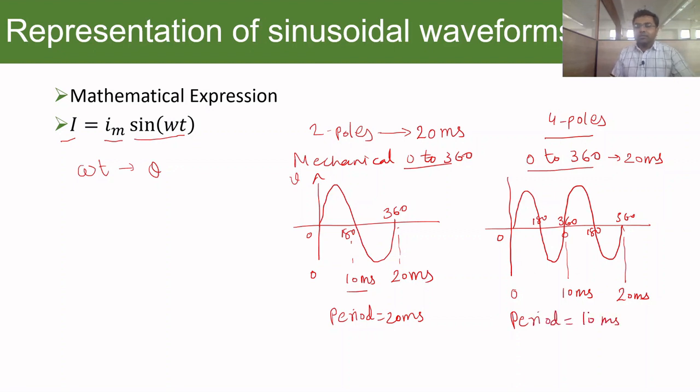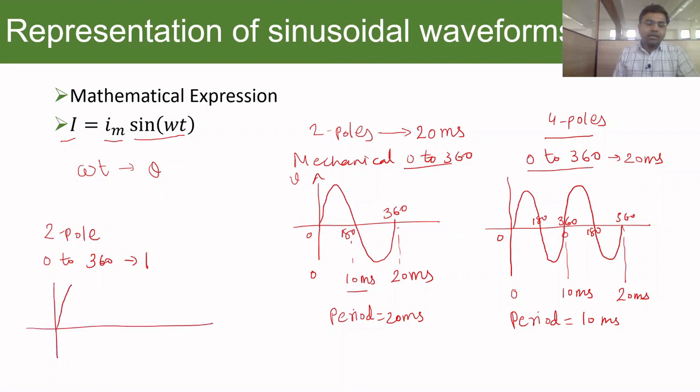Let's say I rotate my generator in a slow manner. For example, if I am running a two pole machine and rotating from 0 to 360 degrees in, let's say, 1 second, it would take 1 second to complete one AC cycle.